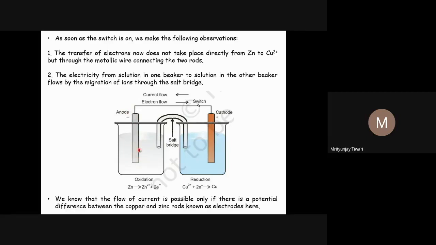To facilitate electron flow, we add certain salts in the salt bridge. If Zn2+ is forming, nitrate ions will flow into the solution from the salt bridge to keep it neutral. Once the solution stays neutral, electrons can easily flow into the circuit.